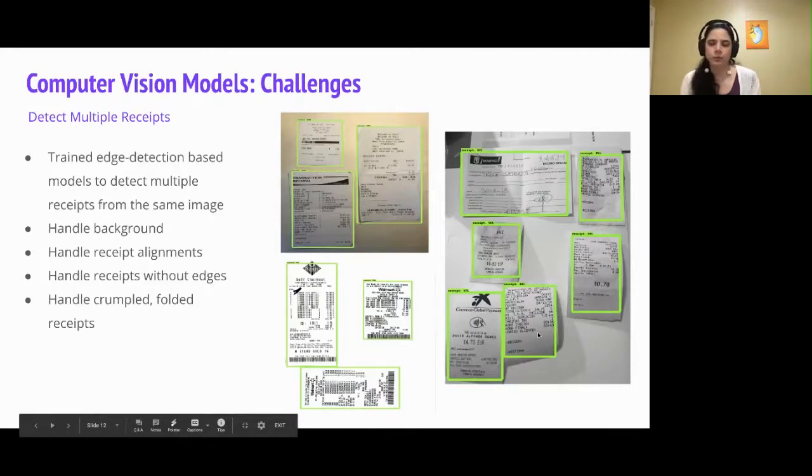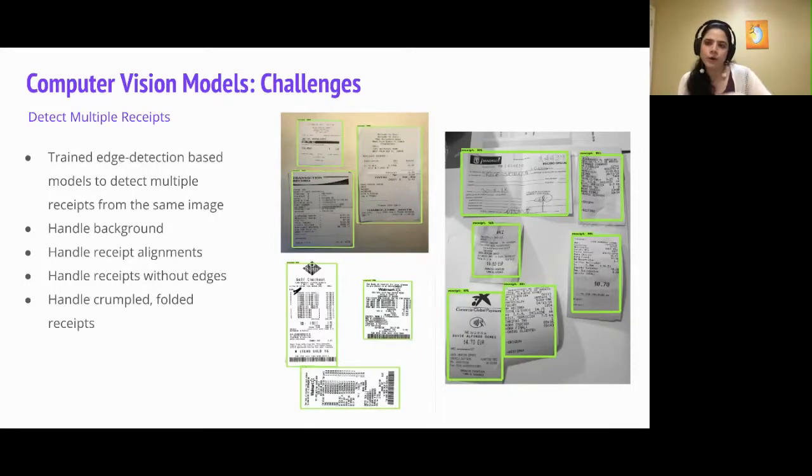So the receipts would be crumpled, there would be folds, all kinds of things that the model needs to handle, to find the boundaries, and extract out the receipts.